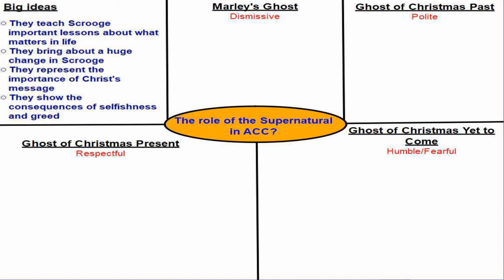And one of the main reasons why Dickens wanted people to celebrate Christ is because he saw Christian teachings as teachings that show that people need to be kinder to each other and to support each other.